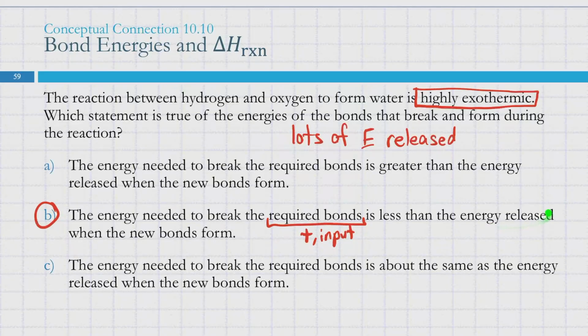And the energy released when new bonds form is negative. That's energy lost by the electrons or by the atoms as they settle down to form bonds. So what we're saying is that we've got a very negative number for our enthalpy, which corresponds with highly exothermic.